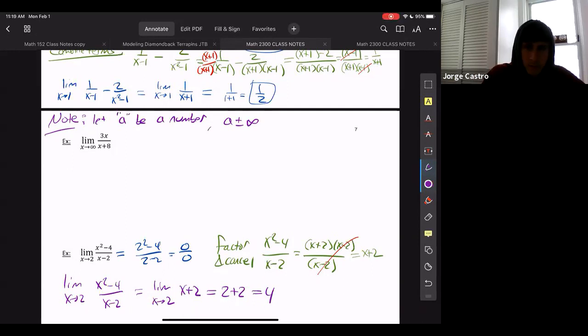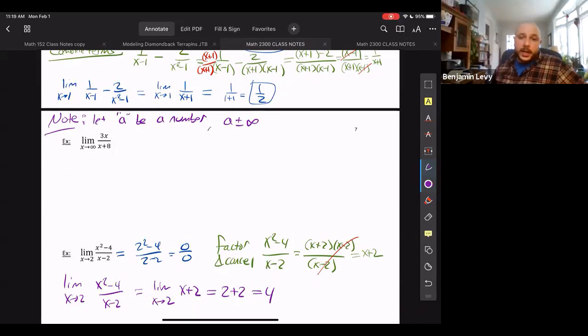It's still infinity, right? Like if you took 9 and you added infinity, it's still infinity because you're adding some giant number to 9. In other words, adding a number to infinity doesn't change the fact that it's still just infinity. And the same thing's true if we took a number and multiplied it by infinity. That's still just infinity.